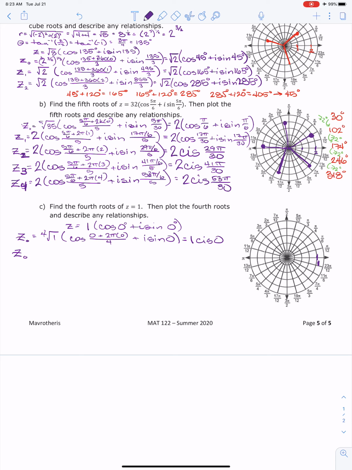Our second 4th root of 1 is 1. I've got cosine 0 plus 2 pi times 1, all divided by 4. So 2 pi over 4 is going to give me a pi over 2. And we are just going to keep going. 0 plus 2 pi times 2 divided by 4 gives me i sine 4 pi over 4.